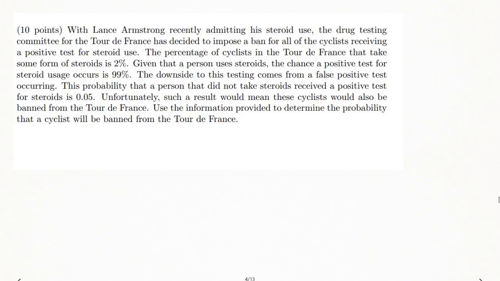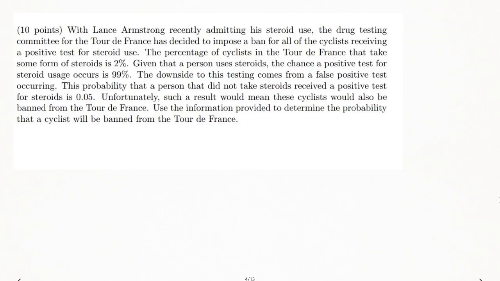The downside to this testing comes from a false positive test occurring. What that means is basically a person is not taking steroids, but the test shows that they are taking steroids. So the probability that a person who doesn't take steroids receives a positive test for steroids is 0.05%. Unfortunately, such a result will mean these cyclists would also be banned from the Tour de France. Use this information to determine the probability that a cyclist will be banned.